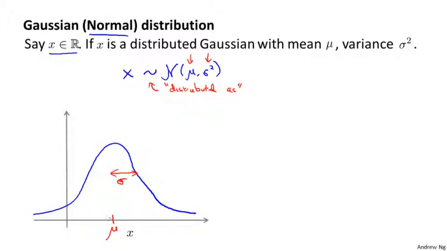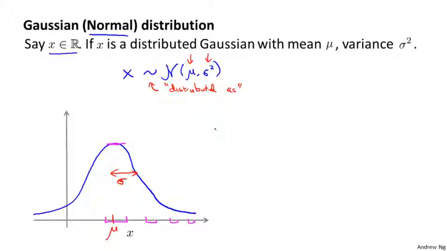And so this specifies the probability of x taking on different values. So x taking on values in the middle here is pretty high, since the Gaussian density here is pretty high, whereas x taking on values further and further away will be diminishing in probability.